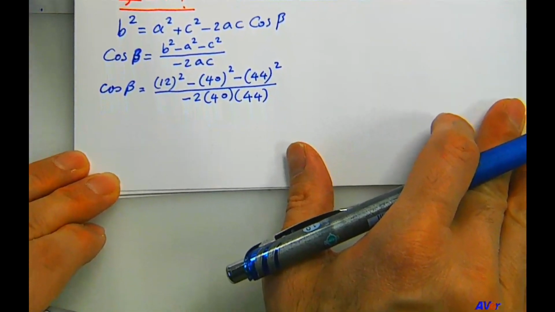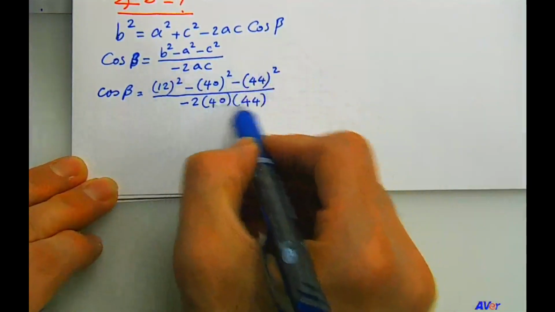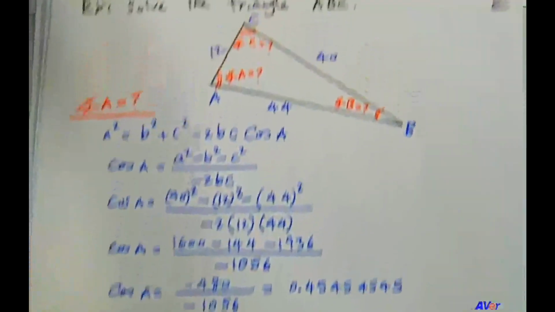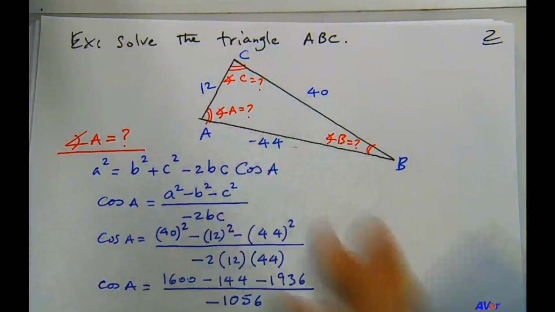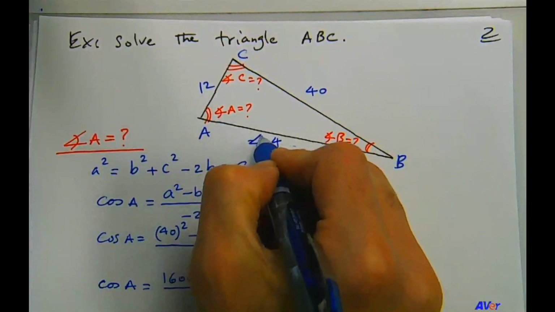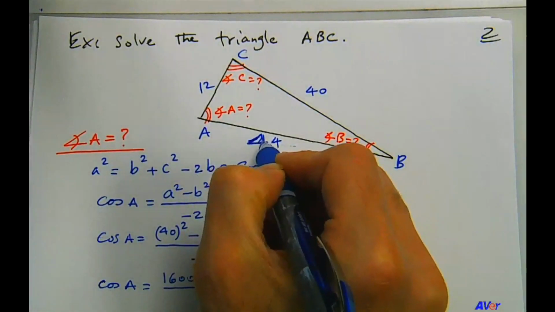Okay, so that's A times C. That's A, which is 40, times C, which is 44. Not minus 44, but 44. Okay.